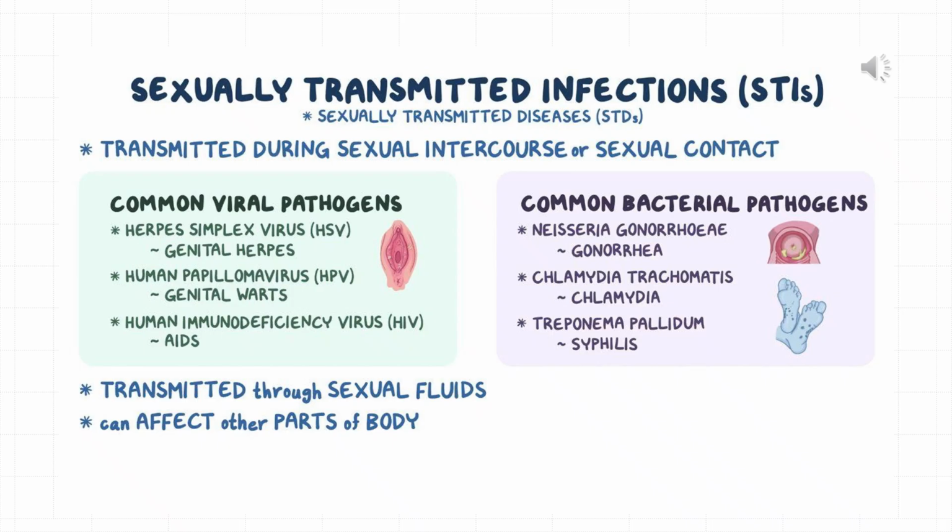We can strictly prevent them, so this is prevention with condom use. Some of them do have vaccinations. So HPV does have a vaccination within a certain age group, up to, I think it's 26 years of age now that they recommend that for reducing HPV.